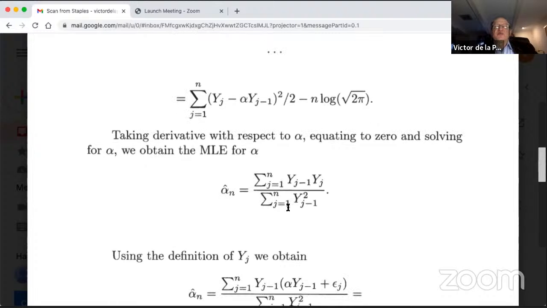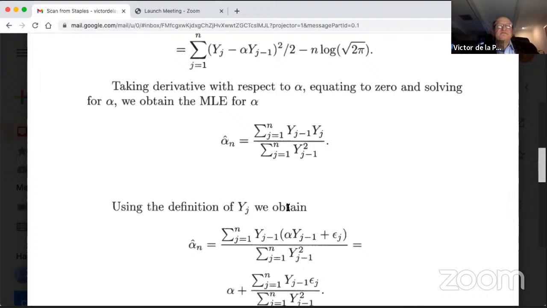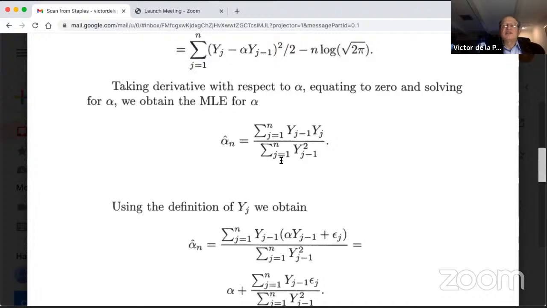When we take the derivative with respect to alpha and equate it to 0, we can solve for alpha hat. The estimator of alpha is the sum of yj minus 1 yj over the sum of yj minus 1 squared.